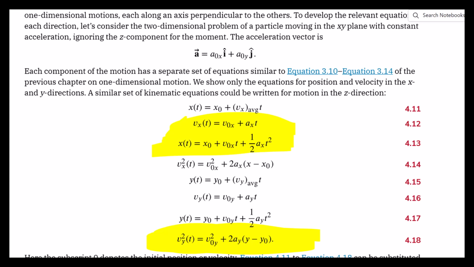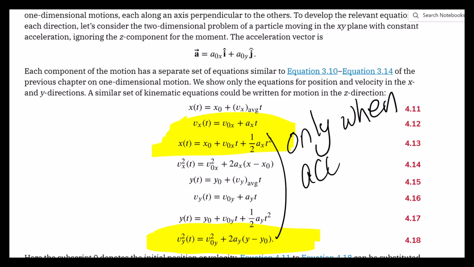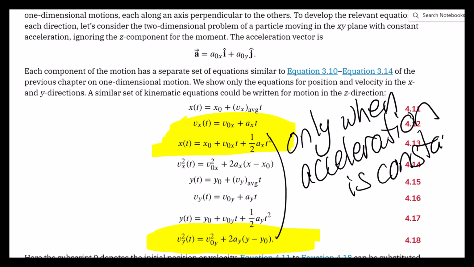But 100%, never, never, never can you use these unless acceleration is constant, and that pretty much is only whenever it's like gravity, or something like they apply the brake so that they're decelerating at a constant rate of 3 meters per second squared.